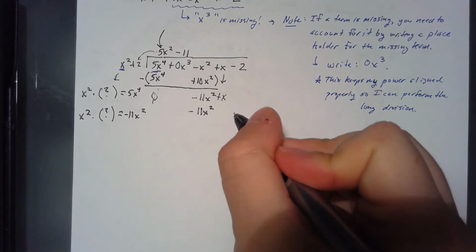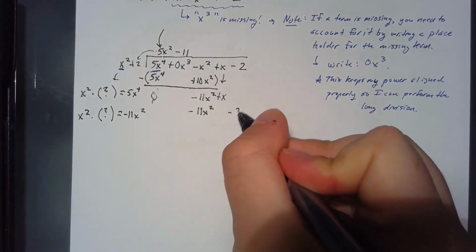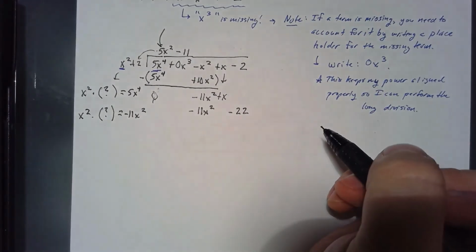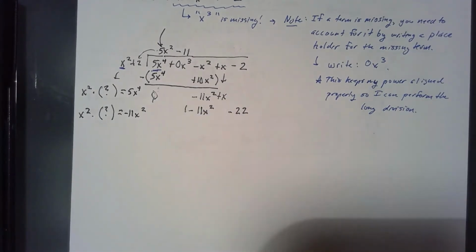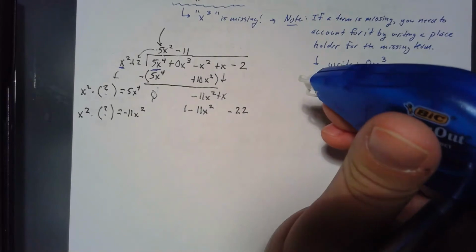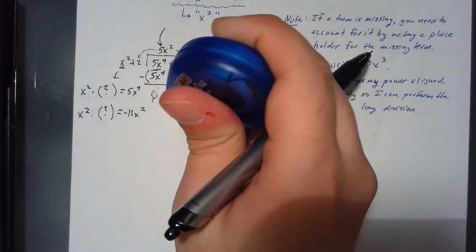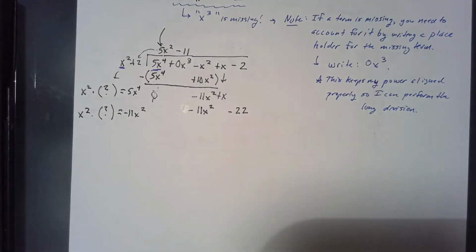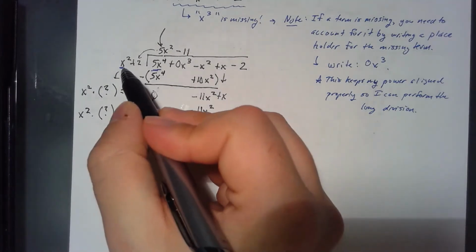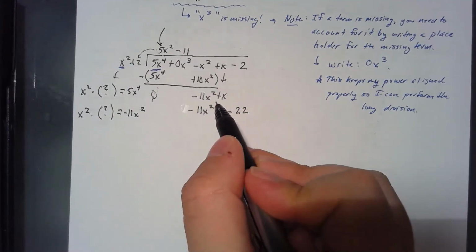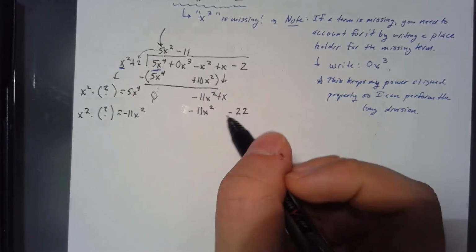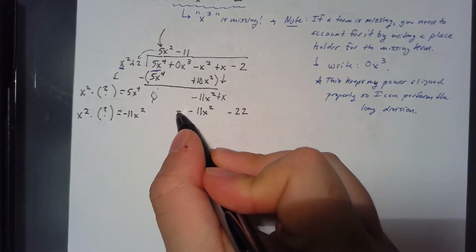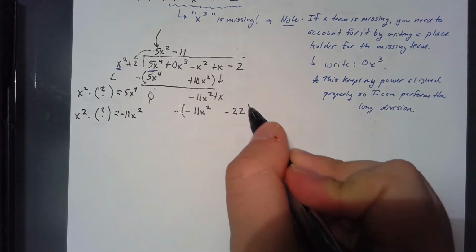And that's going to go underneath my constant term. So now I'm going to subtract that. Oop, I put that outside the wrong. Wait, no, sorry. So yeah, x squared times negative 11 is negative 11x squared. Negative 11 times 2 is negative 22. Now I'm going to subtract that whole thing.